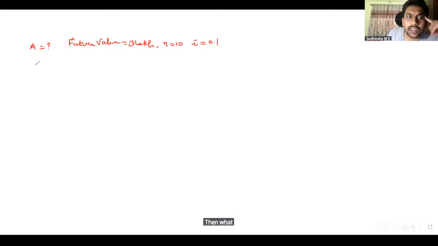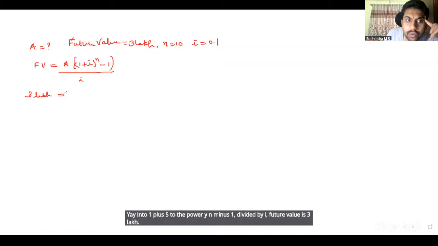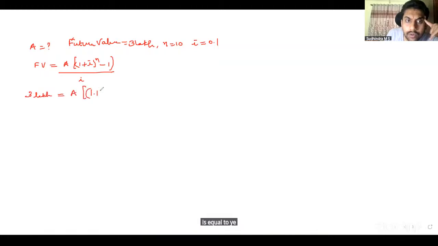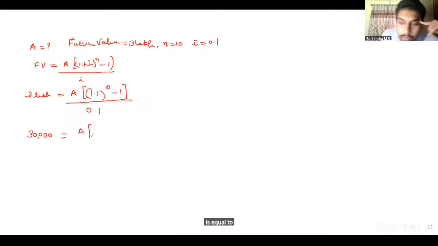Then we can easily apply the future value of annuity regular formula: A into (1 plus i to the power n minus 1) divided by i. Future value 3 lakh is equal to A into (1.1 to the power 10 minus 1) divided by 0.1. Taking 0.1 to the other side, 3 lakh into 0.1 is 30,000, equal to A into (1.1 to the power 10 minus 1). 1.1 to the power 10 is 2.5937, minus 1 gives 1.5937.